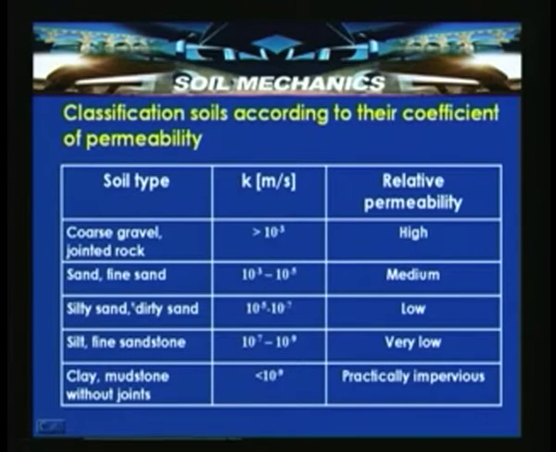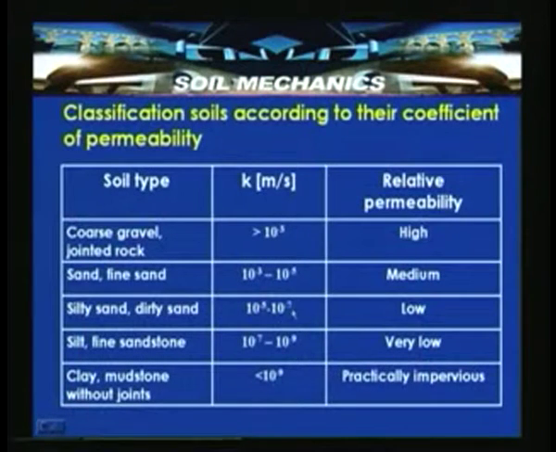Silty sand, or dirty sand mixed with organic constituents, has permeability of the order of 10 to the power of -5 to 10 to the power of -7. We say low permeability. Silt and fine sandstone can have permeability in the range of 10 to the power of -7 to 10 to the power of -9 meter per second. We can say very low permeability. Clay and mudstone without joints can also exhibit a permeability less than 10 to the power of -9 meter per second.